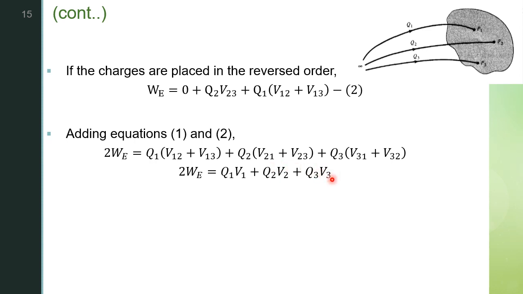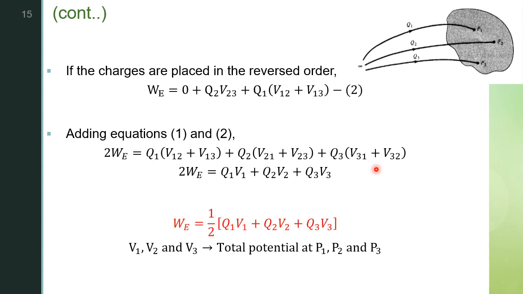The last term is V3, which is the potential at point P3, which is the sum of V31 and V32. Therefore, we will get WE as half into (Q1V1 plus Q2V2 plus Q3V3). That is, if the system has three charges, V1, V2, V3 are the total potentials at points P1, P2 and P3. This gives us the total work done in assembling a set of three charges.